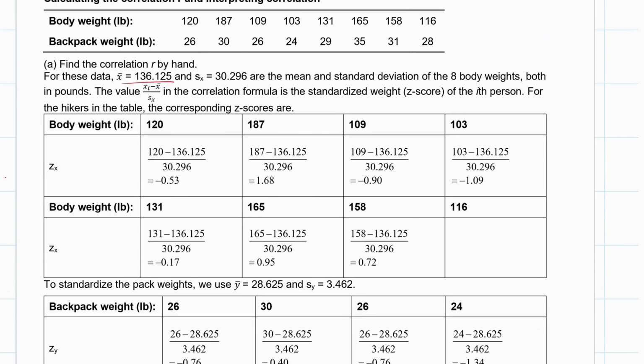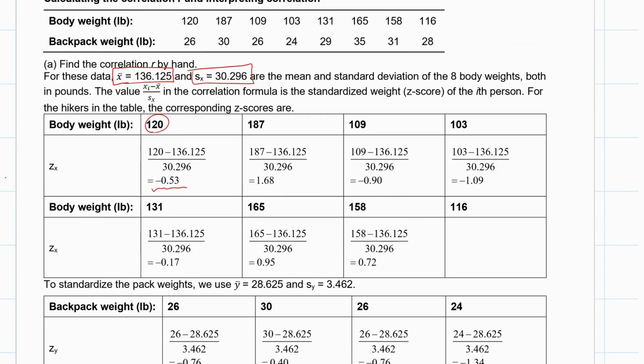Here it is. There's the mean value for the body weight. Here's the standard deviation of the body weight. And here's me taking the body weight of 120, subtracting the 136, dividing by the 30.2, and we get negative 0.53.